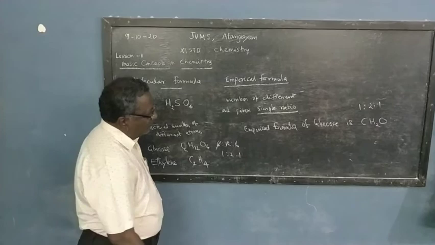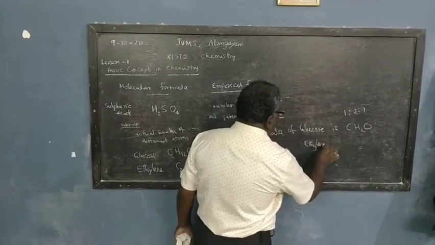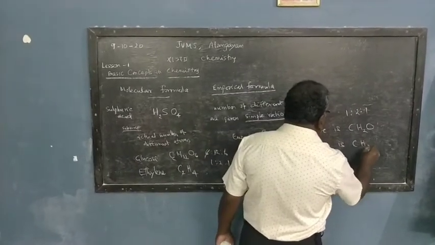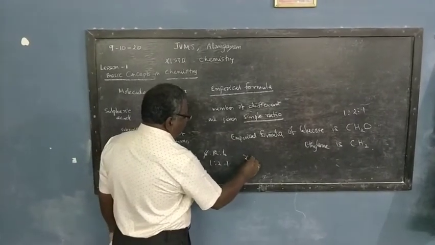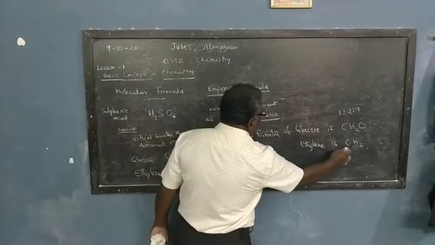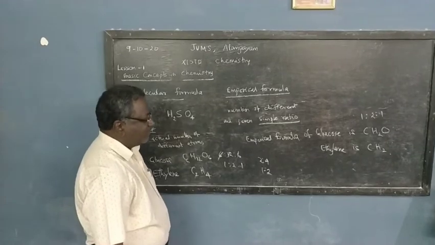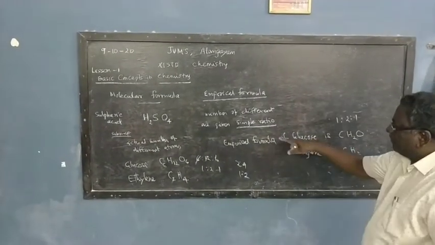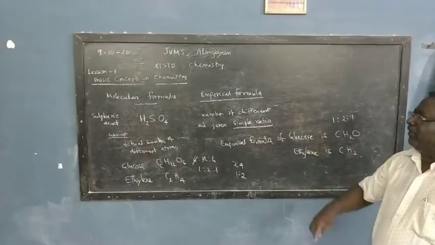Now let's take ethylene. What ratio will ethylene have? It is CH2, because it is 2:4, so it is 1:2. Now carbon 1 comes, hydrogen 2 comes, right? So when you represent the formula with the subscript of the simple ratio, it's called the empirical formula.